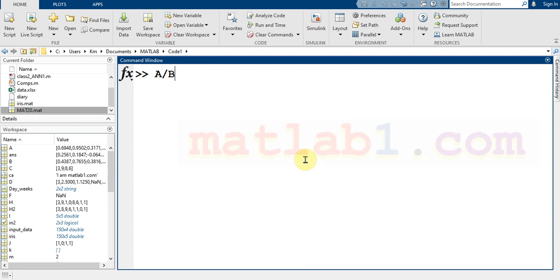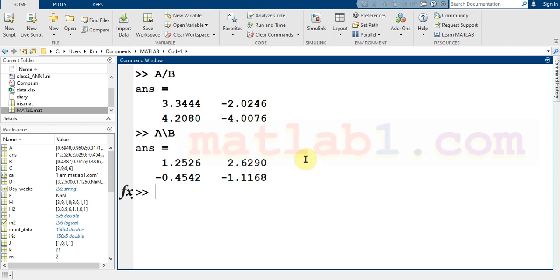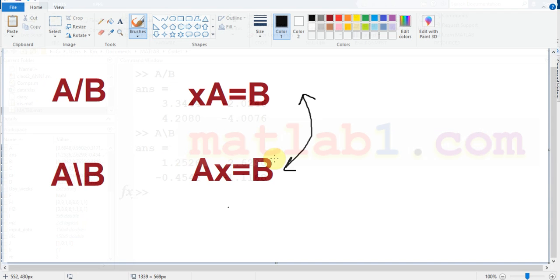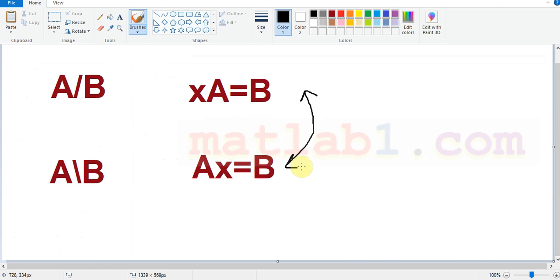If I write A divided by B, MATLAB returns this for me. If I write A backslash B, MATLAB returns this matrix. It's a solution for this system of linear equations.